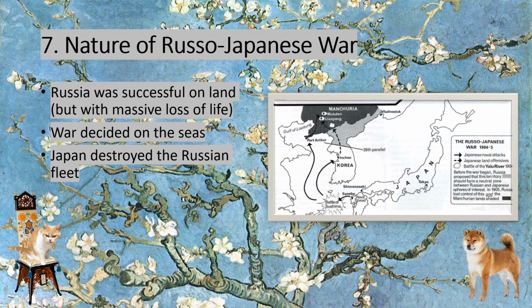Russia's European-based navy finally arrived in May 1905 after months at sea, only to be annihilated at the Battle of Tsushima Straits. Japan then occupied islands and the Russian Pacific Ocean coast. A revolution erupted in Russia against its government, and Russia sued for peace.